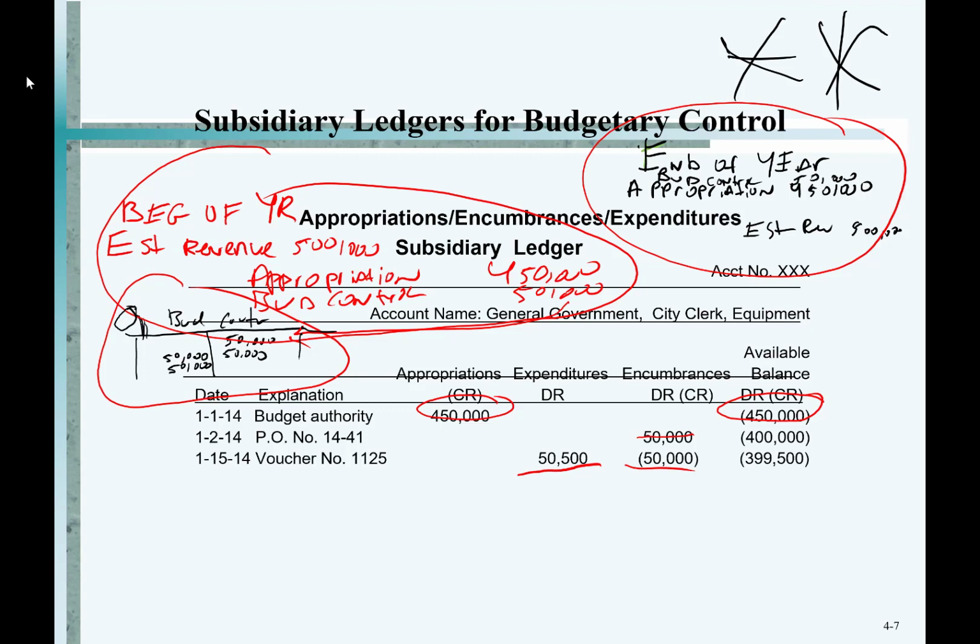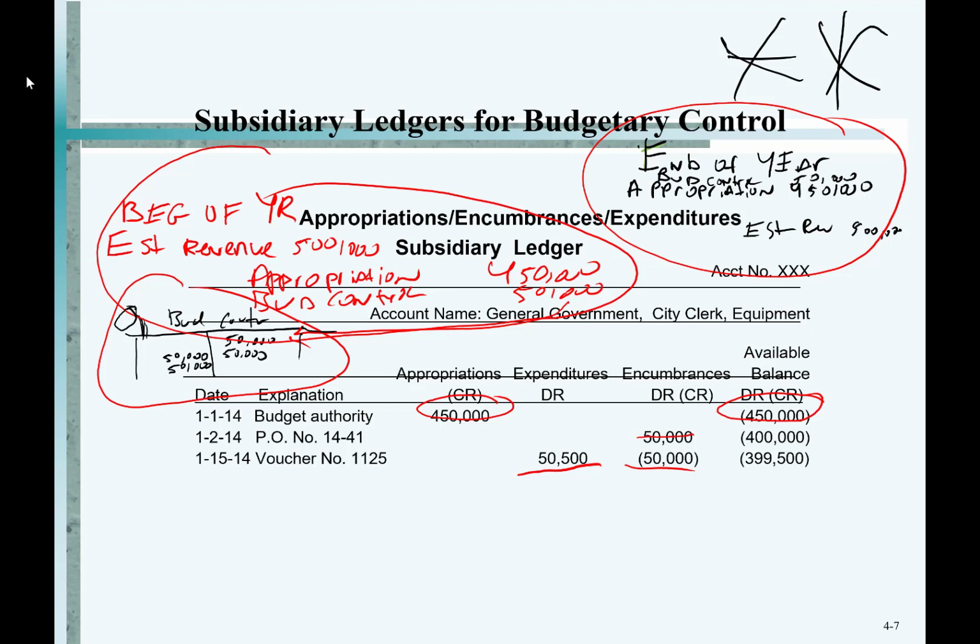If I have it down too far, it blocks the screen, but I think it'll work like this. So at the beginning of the year, I debit estimated revenue 500,000 and credit appropriations 450,000.